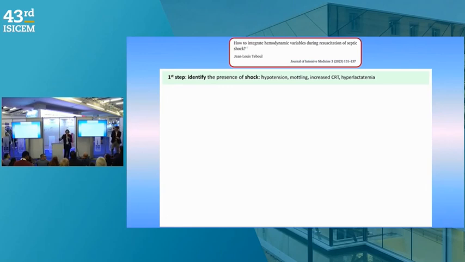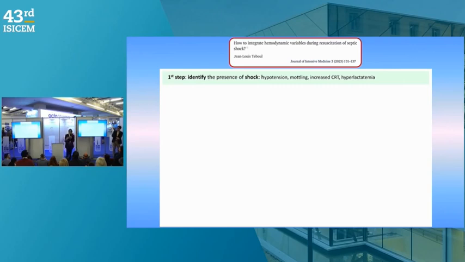Capillary fill time is also a good index of hypoperfusion, and it is a quantitative measure. We can discuss a lot about this, but it is possible to do this. And hyperlactatemia, which is a classical marker of shock, even if there are some other reasons to have hyperlactatemia. Nevertheless, this is the first step, identification of shock.